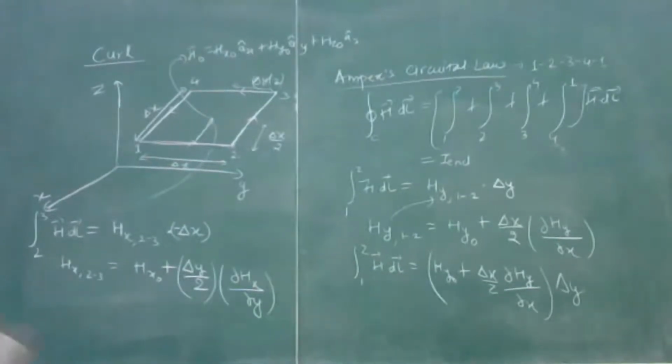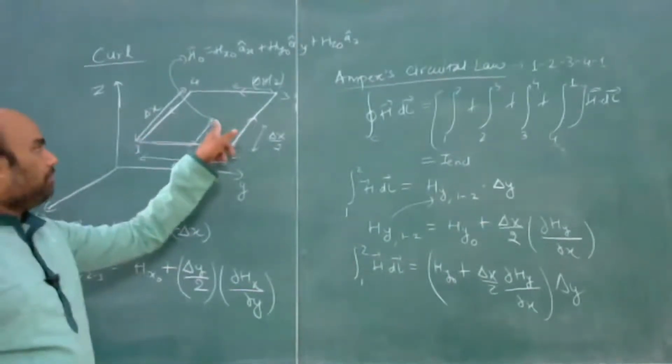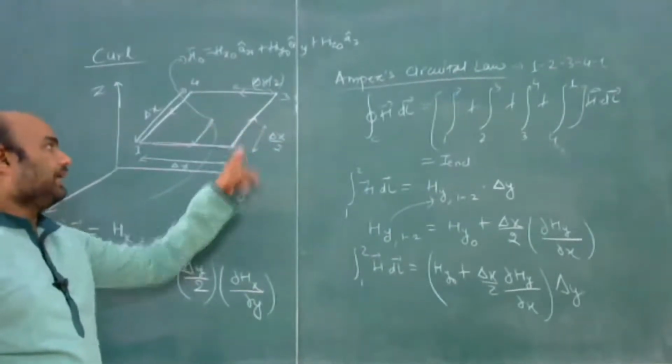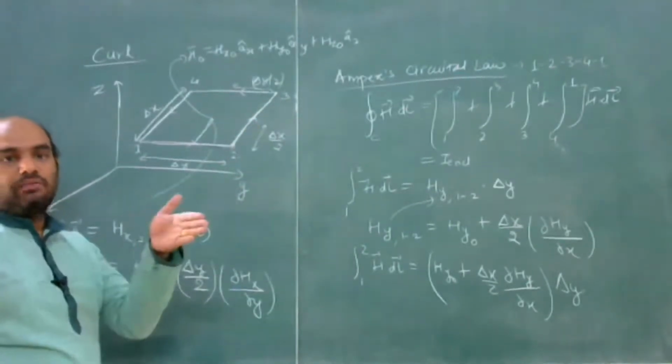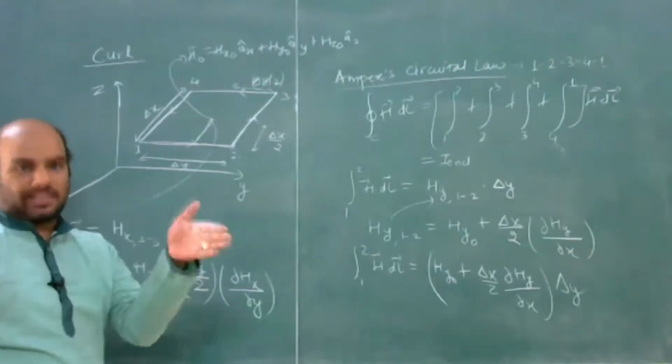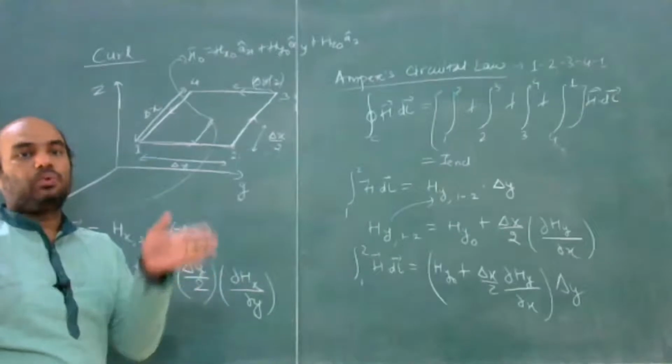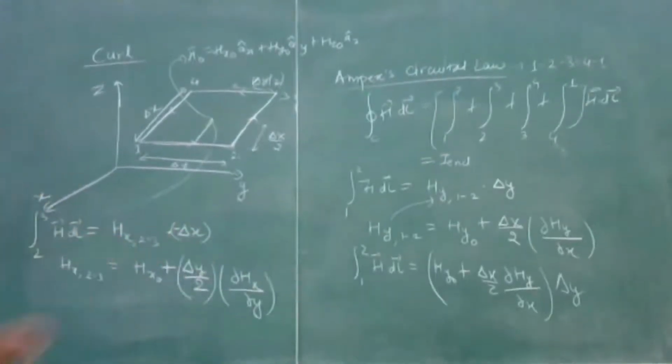So H is traveling from the center of the loop to this straight line 2 and 3. Which component will travel? It is Hx, and it will travel with respect to delta y, with respect to y.